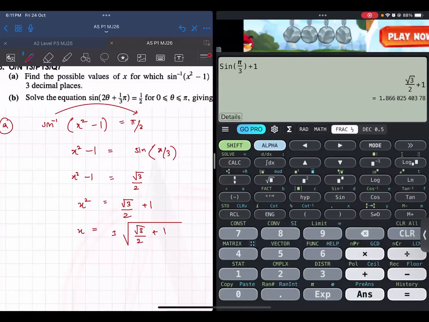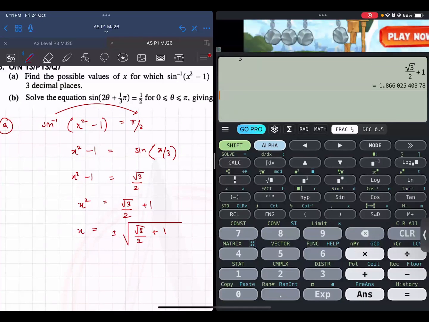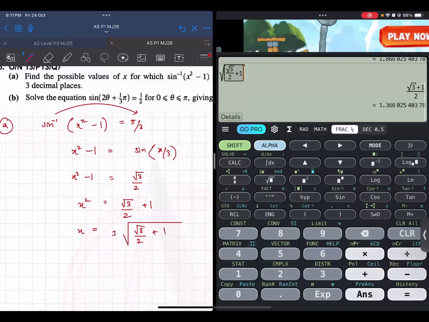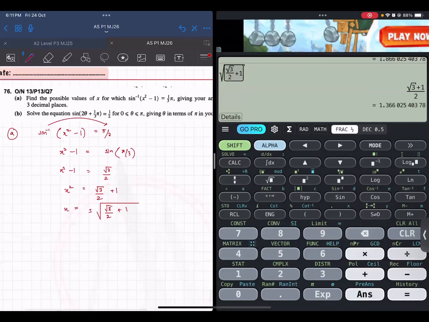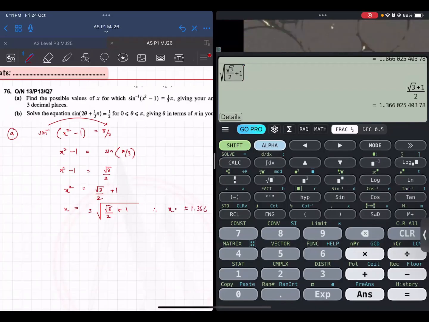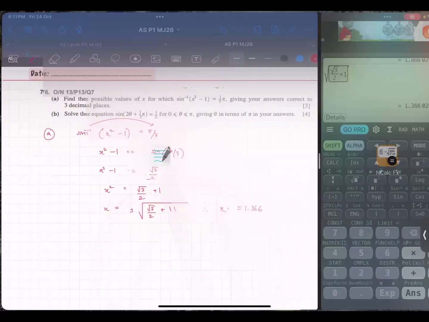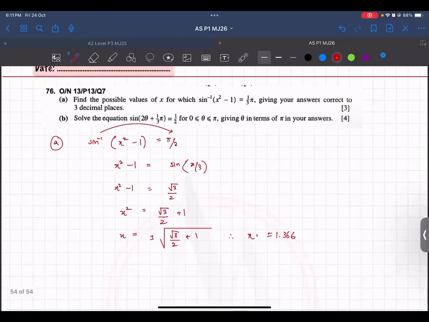So the answer is positive and negative 1.366. This is it. Three marks.